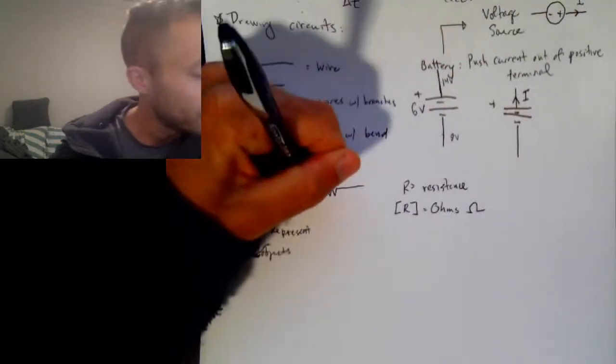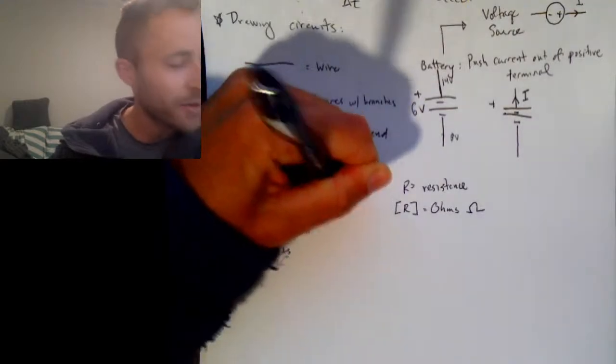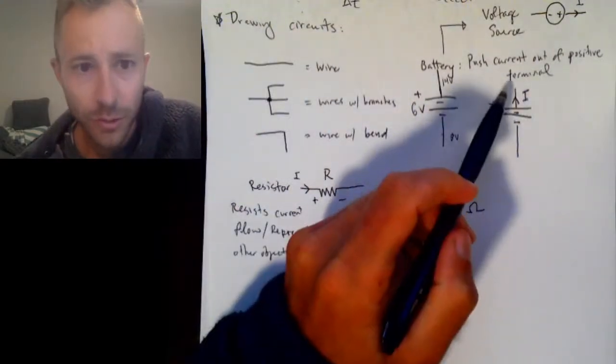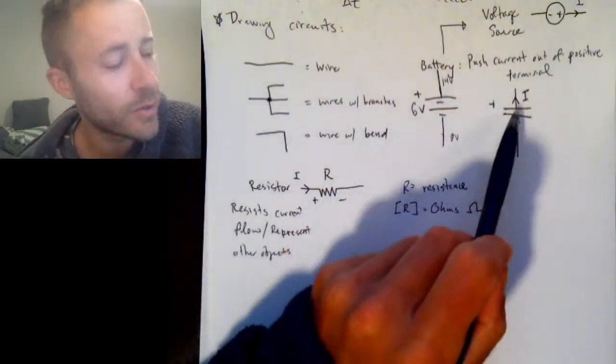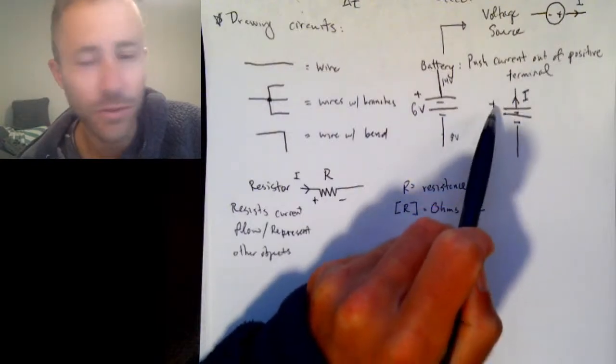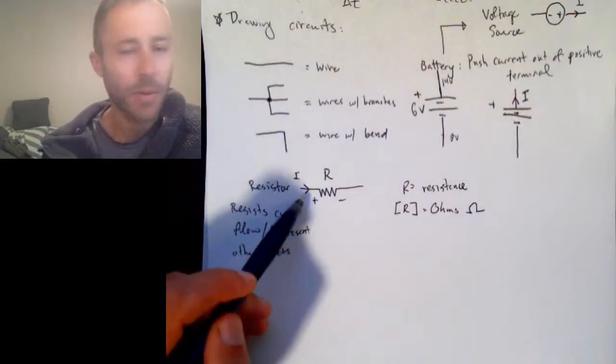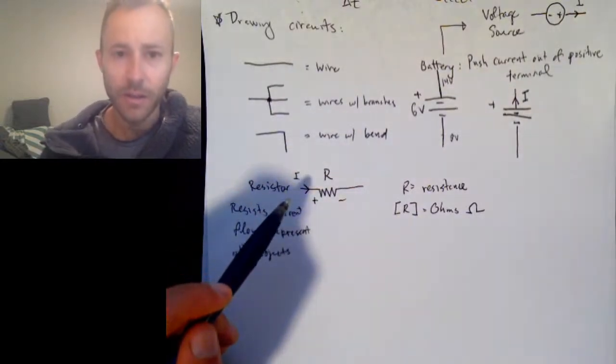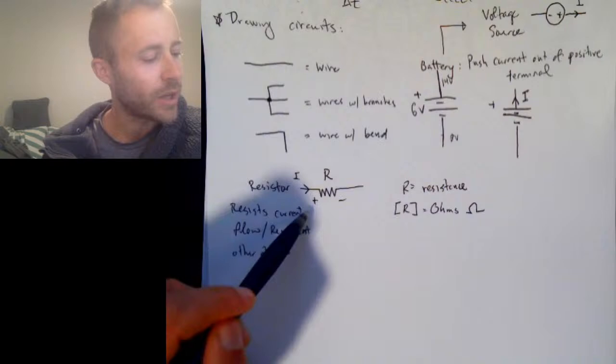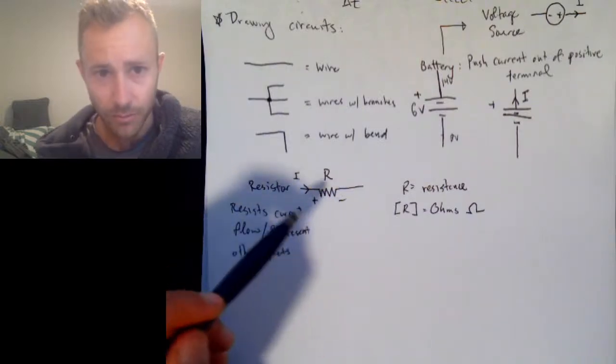If you think about a battery or a source of voltage, the current goes out of the positive terminal. But for a resistor, the positive side is the side that the current is going into.